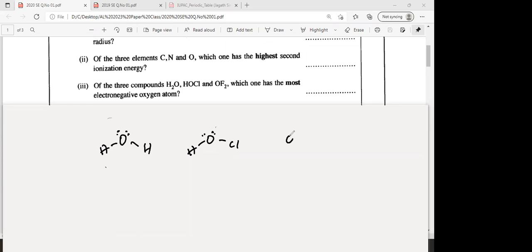And OF2. Let's see the oxidation number. Oxidation number of oxygen in H2O is -2, right? HOCl, what is that? With respect to oxygen it is +1, with respect to Cl it is -1.